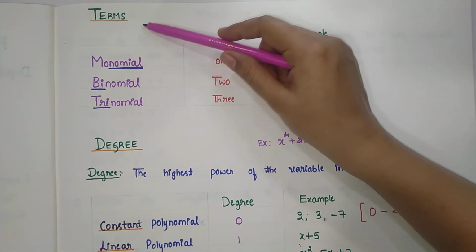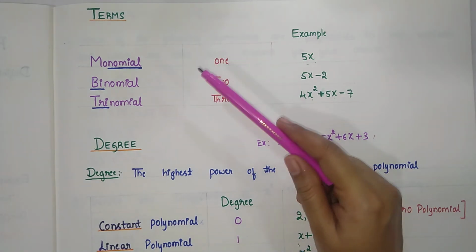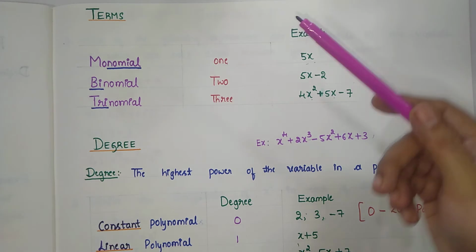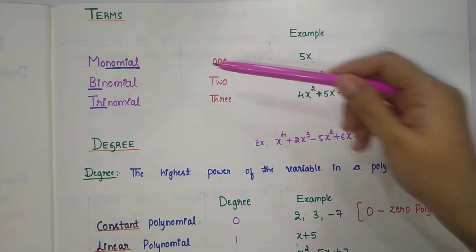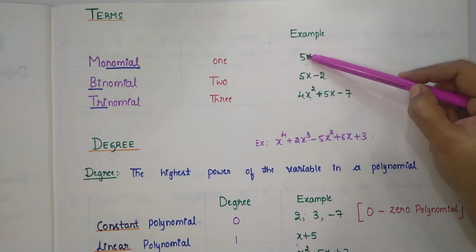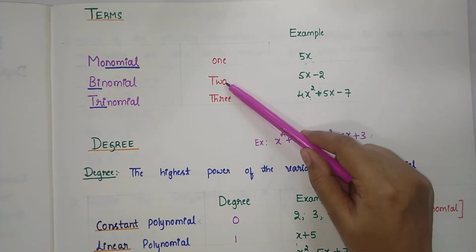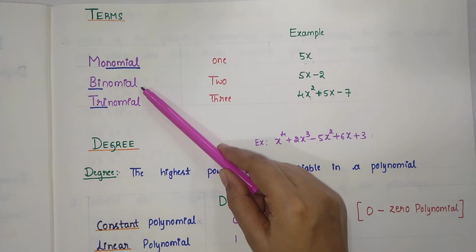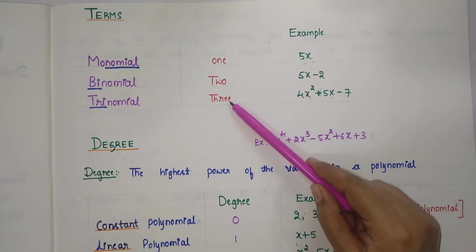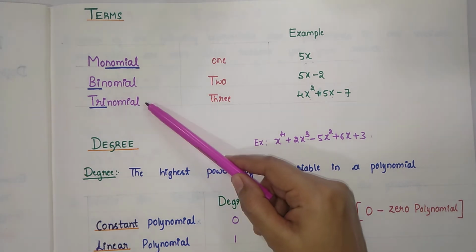So based on the terms, we know that polynomial means many terms and the meaning of nomial is term. So in that polynomial, if it is having only one term, we will call that as monomial, and if it is having two terms, we will call that as binomial. Similarly, if it is a polynomial with three terms, we will call that as trinomial.